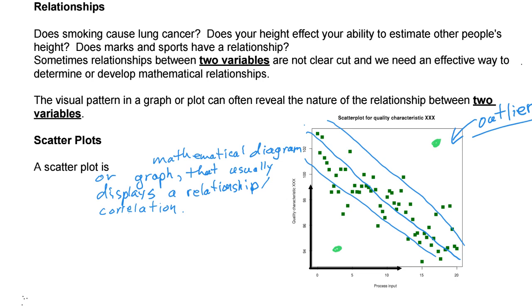So just to finish this description of what a scatter plot is, it's a chart that displays a relationship or a correlation between the values x and y of our graph. In this case, we have the process output against the quality characteristics, right? And that's all it is. We're just basically trying to find some way to come up with an equation that allows us to predict where all of this information is.